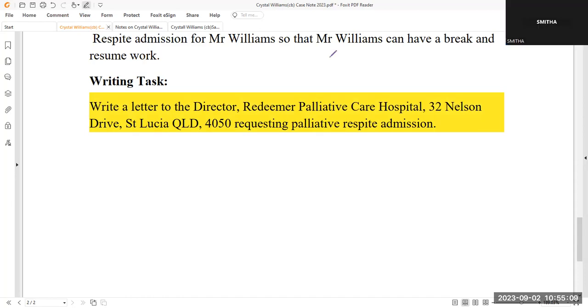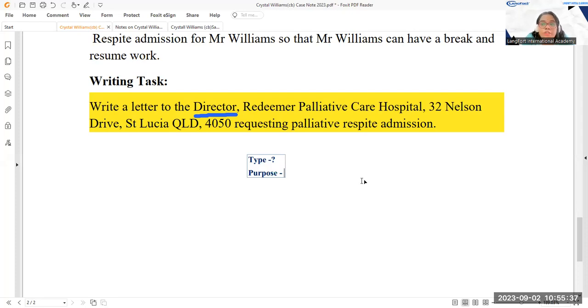Letter to the director, Redeemer Palliative Care Hospital. Have they given the type of letter here? No, they have not given the type, but we know our reader is a director of Palliative Care Hospital. And what exactly is our purpose? What do you want the reader to do for the patient? To provide palliative respite admission.